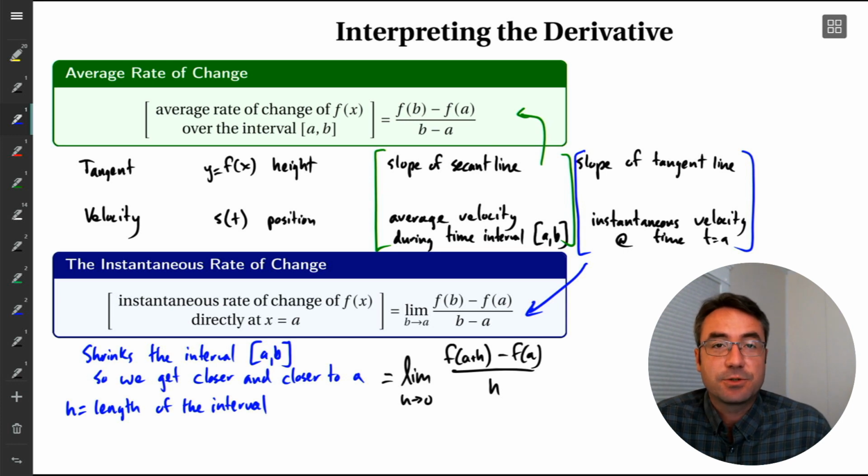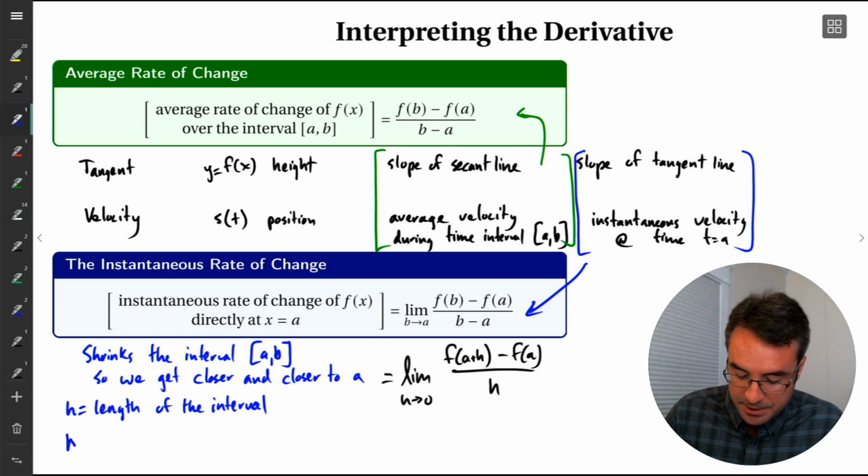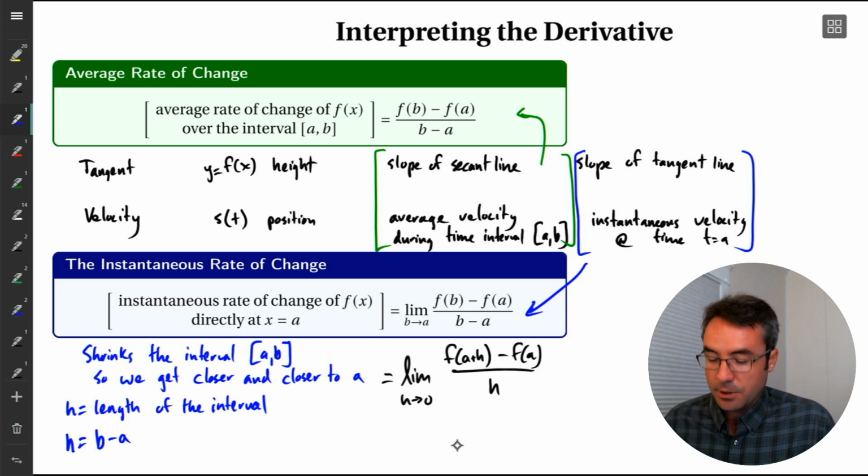The actual length of our interval has to be approaching 0. So the conversion is, we generally say h is equal to b minus a. That's how you calculate the length of an interval: subtract the endpoints. When we look at our formula, b minus a, we replace that with h. You can solve for b here, and you get a plus h.